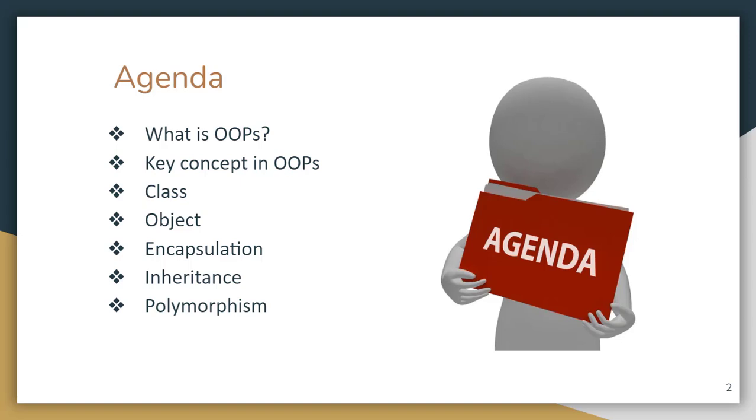Just a simple concept of these key concepts of object-oriented programming. Later we will discuss encapsulation, inheritance, and polymorphism briefly with examples in the next video.